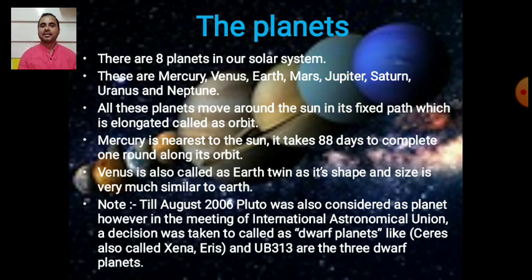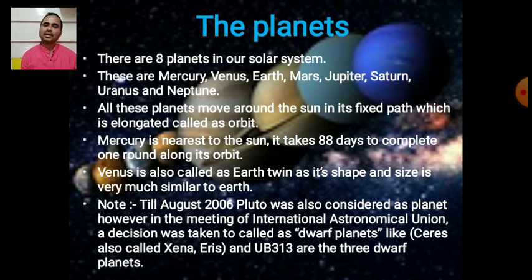Okay, now among all these 8 planets, do you know Mercury is the nearest to the Sun? If you see the distance of all the 8 planets from the Sun, then you will find Mercury is the nearest planet of the solar system to the Sun.